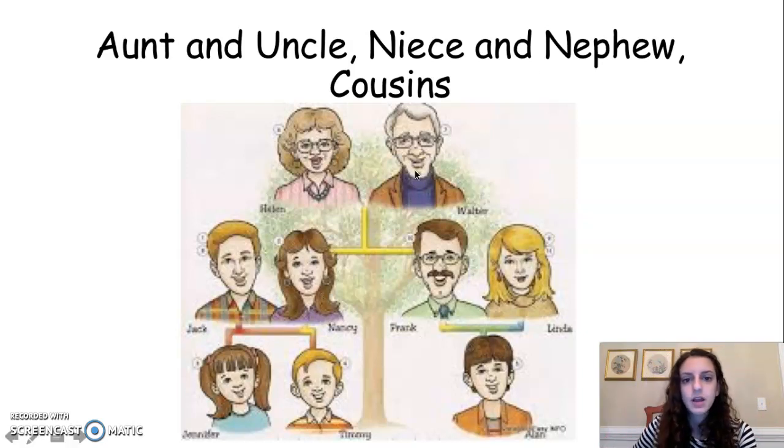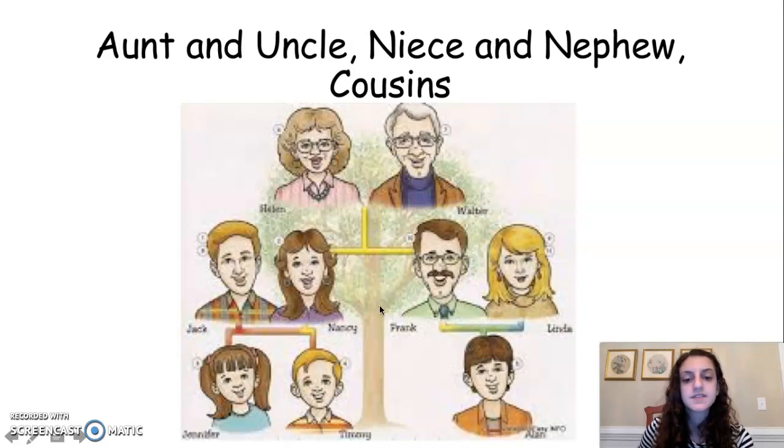Niece and nephew. So, Jennifer is Frank's niece because she is the daughter of his sister. So Frank is Jennifer's uncle, and Jennifer is Frank's niece.